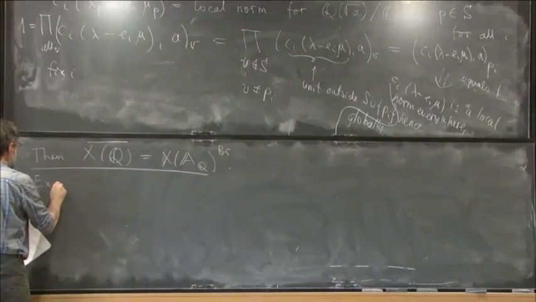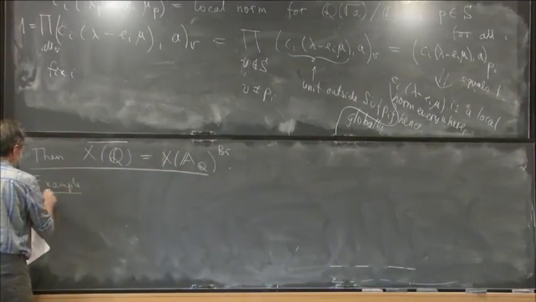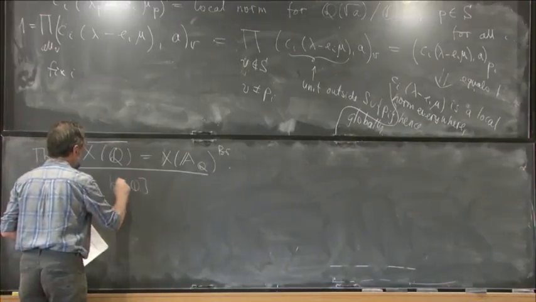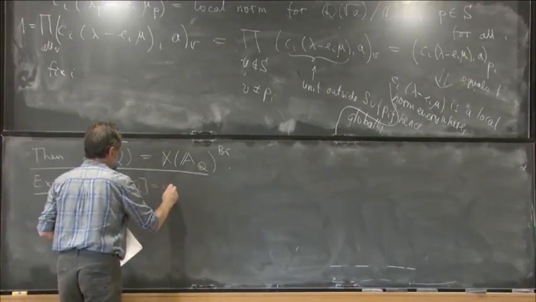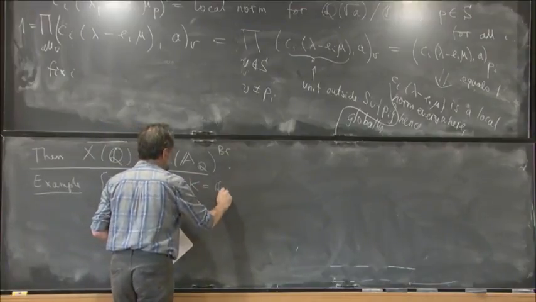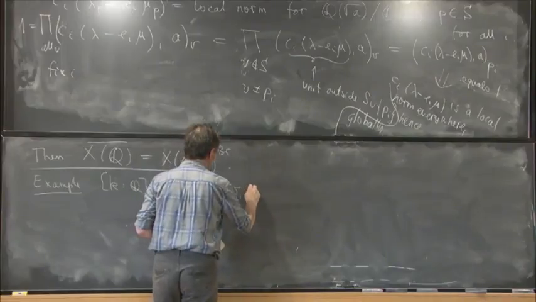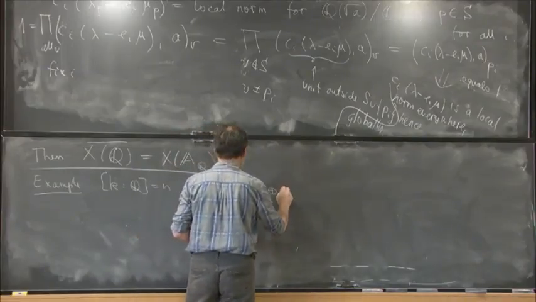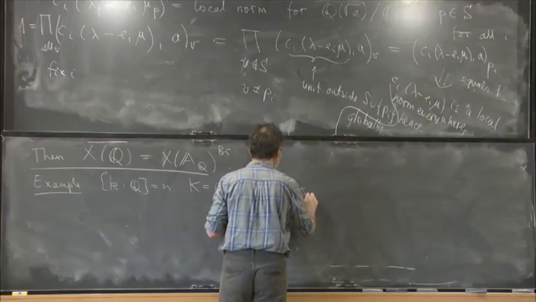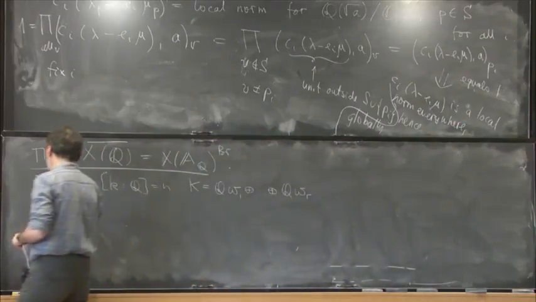So, for example, let me use the following notation. If K is a number field with basis omega 1 through omega r, I'll write the norm form.